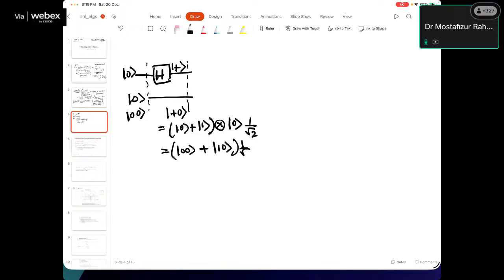And normalized by 1 by square root 2. Now if you apply a C naught gate like this, so this C naught gate is controlled with the first qubit, because this is the first register, and this is the second register line.